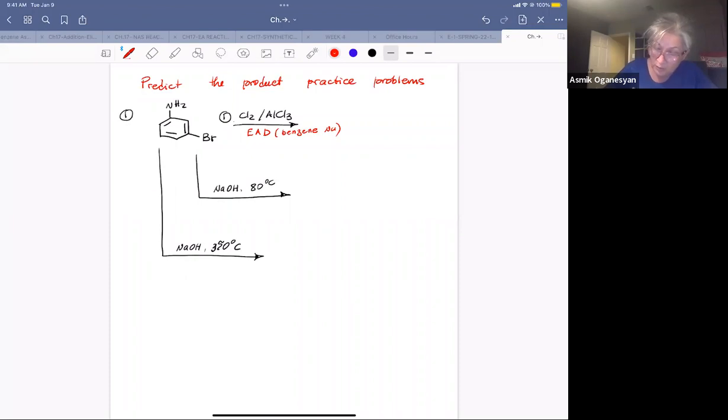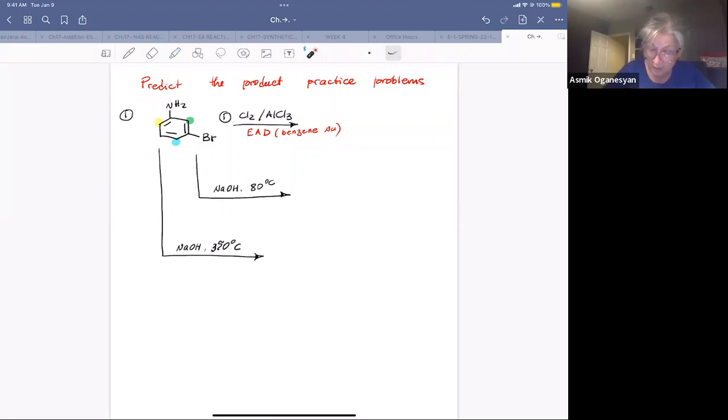And since your electron donating group is dominating the reaction and it's an ortho para director, we're going to have two ortho positions and one para position available. Bromine is a weak electron withdrawing group. It's going to play no role in determination of regioselectivity of the product.